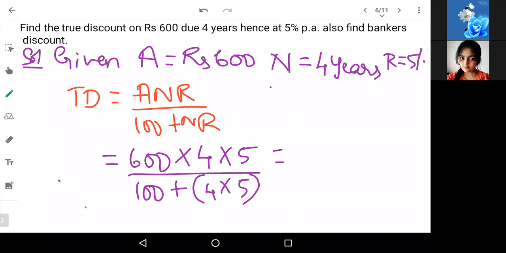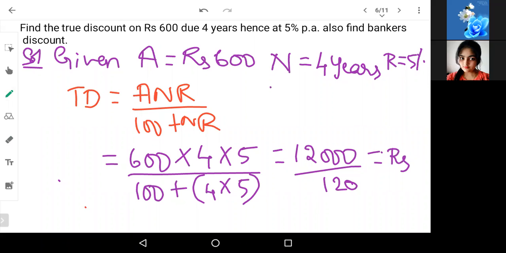So 600 into 4 into 5 will give you 12,000 divided by 120. 4 5s are 20 plus 100 is 120. Therefore, your true discount is rupees 100. True discount is rupees 100. Everybody understood this problem?